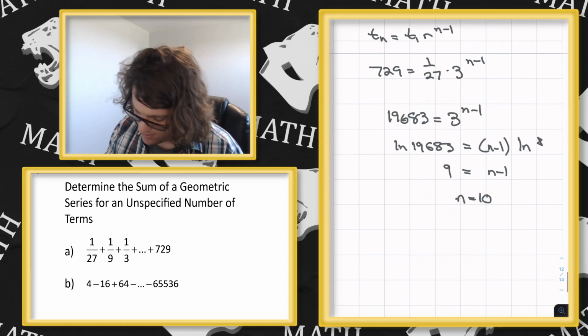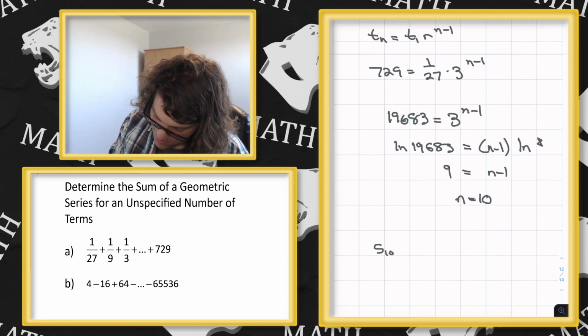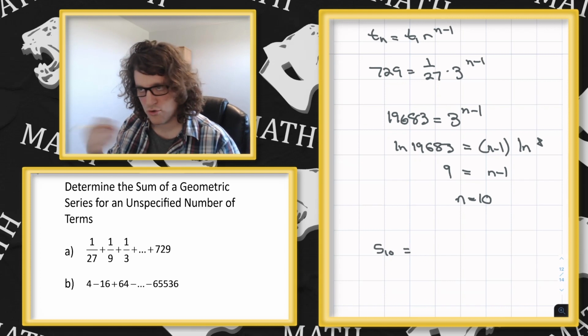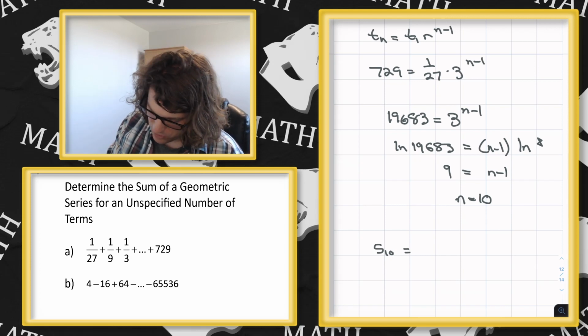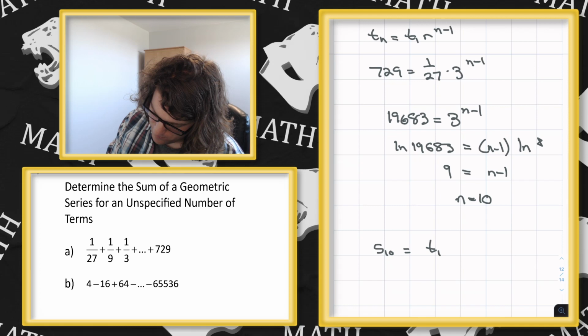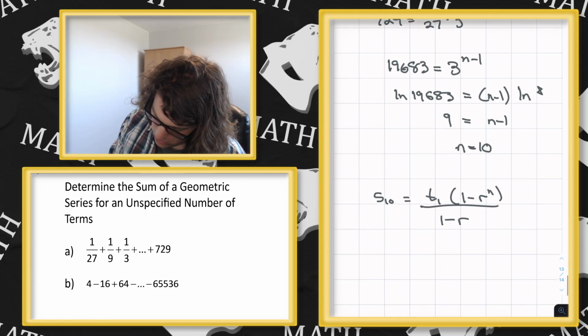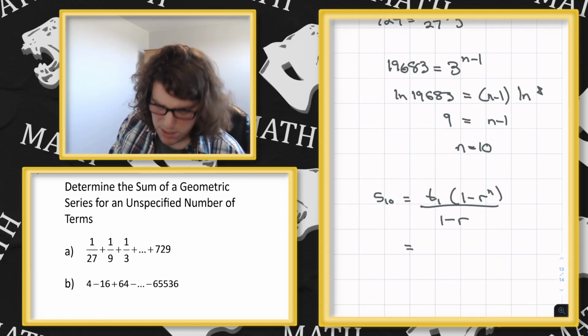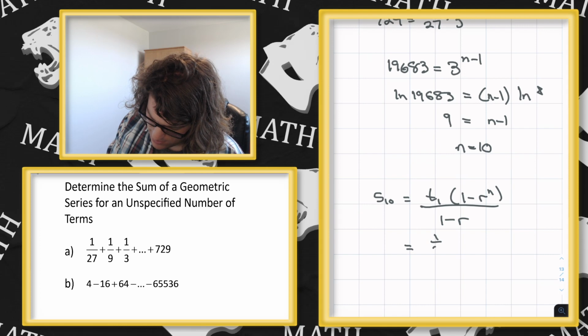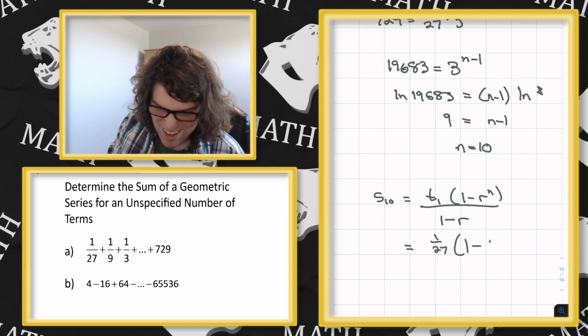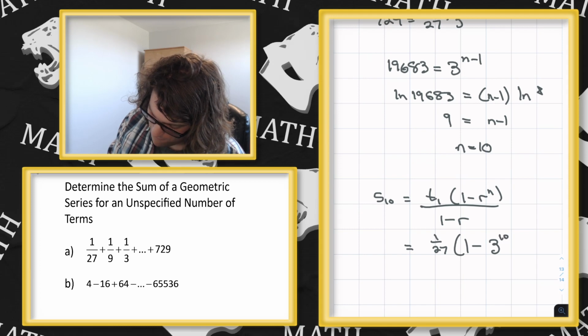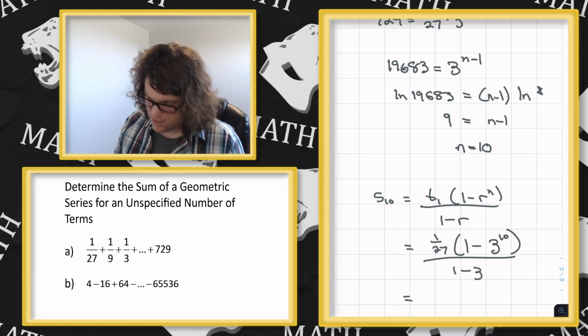So once we know that our n is 10, we could do the partial sum up to 10 using the traditional formula, which was T1 times (1 minus r to the n) over 1 minus r. T1 is 1 over 27 times (1 minus 3 to the power of 10) over 1 minus 3.